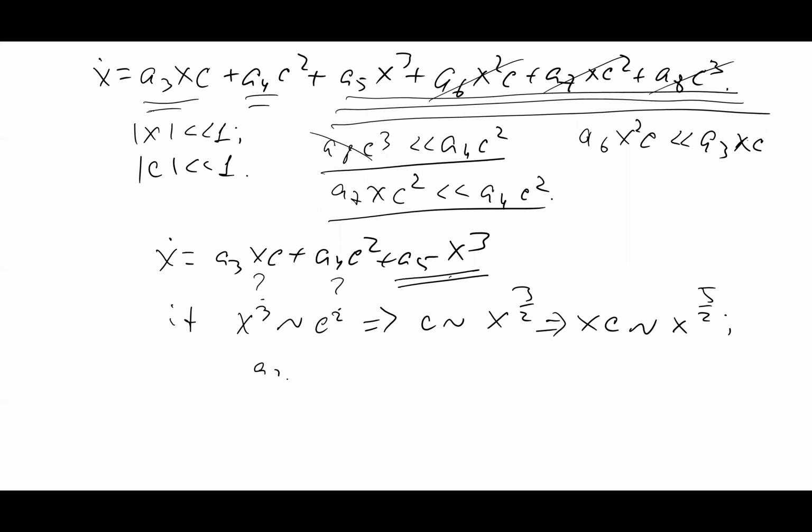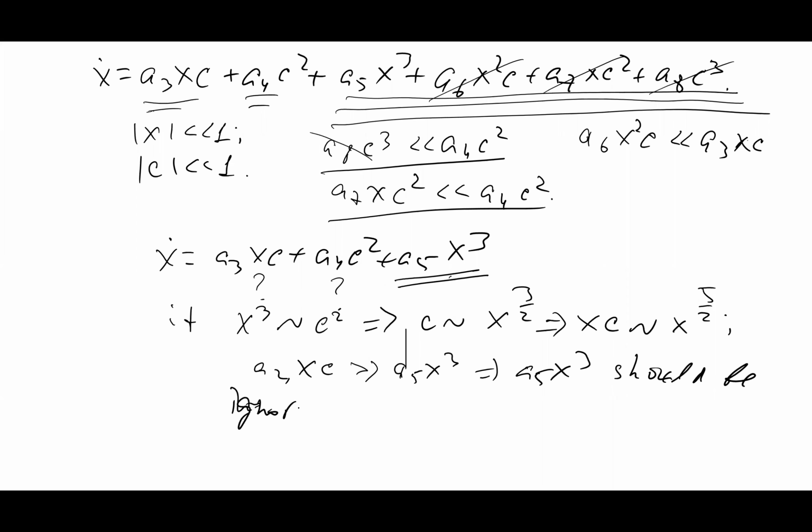And therefore, A3xc should be more than A5x cubed, and this means that A5x cubed should be ignored. And this way we get back to second order approximation.